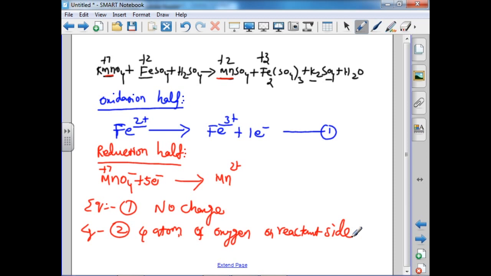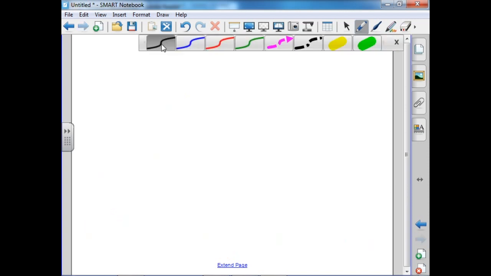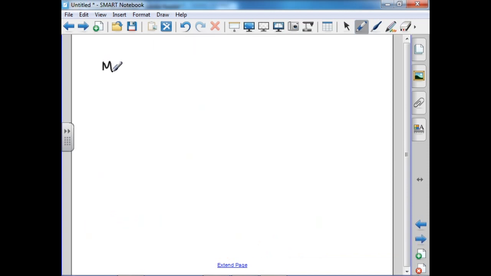So we add 4 H2O on the product side. Then the second equation becomes MnO4 minus plus 5 electrons gives Mn2 plus plus 4H2O.